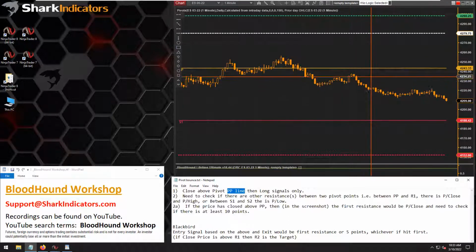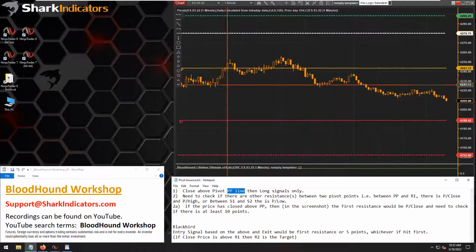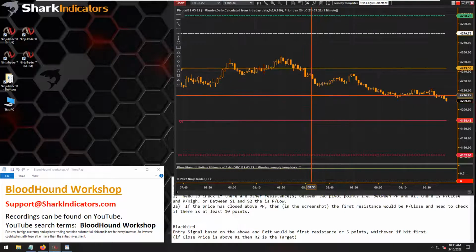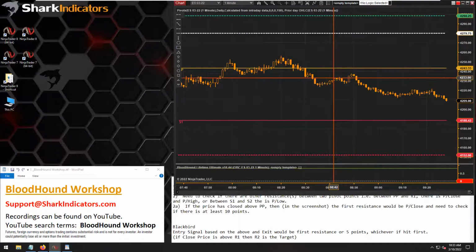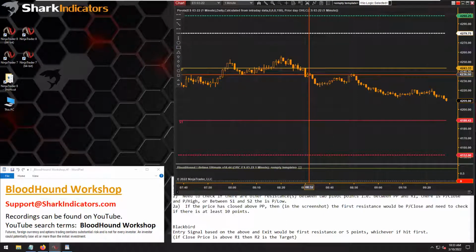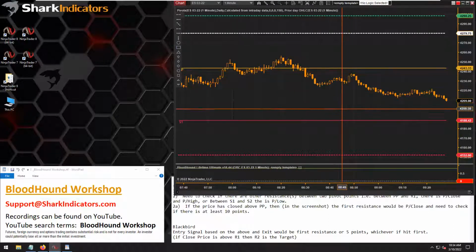And it just so happens that the pivot PP line is right here in the middle of the chart today, so we kind of got lucky. So again, when price is below the PP line, we're looking for short signals only. And remember, the signals are when price bounces off of a pivot line.